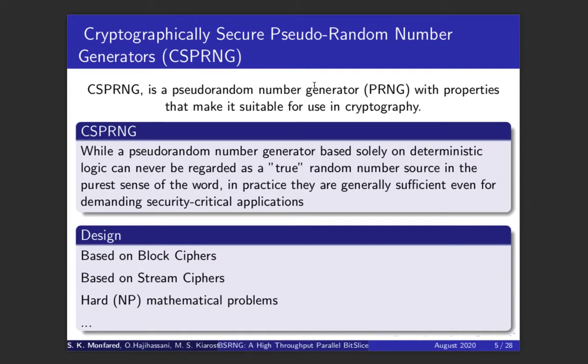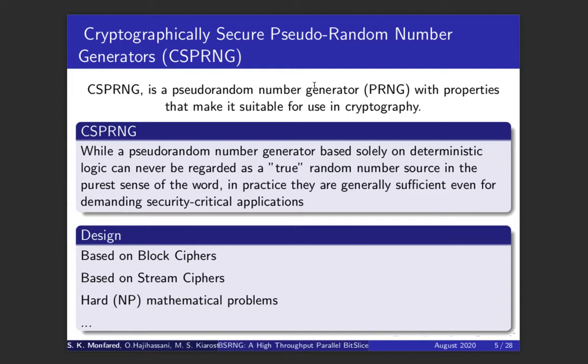There's another kind of PRNG which is called a cryptographically secure pseudo-random number generator, which is simply a PRNG with cryptographic properties. It is interesting that a CSPRNG, or any kind of PRNG, could never be regarded as a true random number generator.